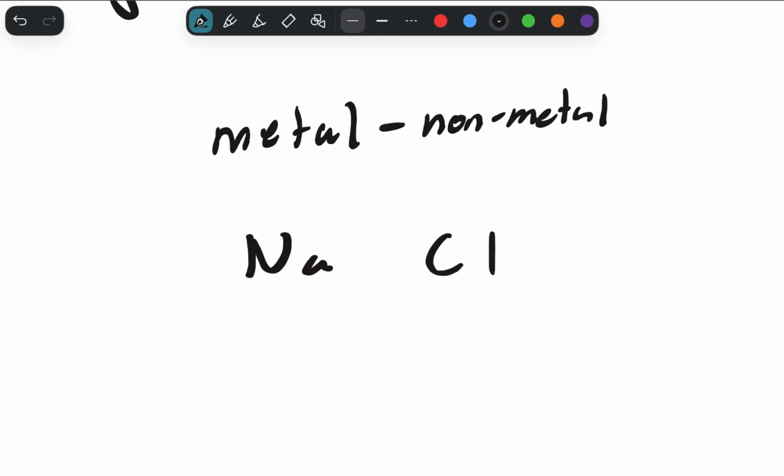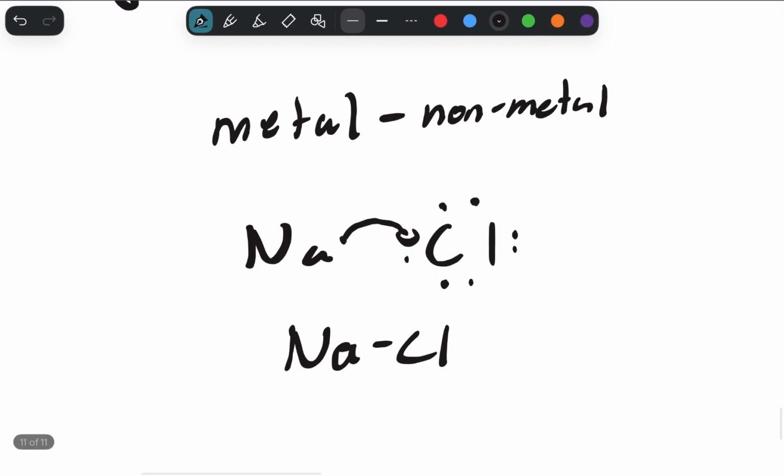In the valence shell, which means the outermost shell, sodium only has one electron, while chlorine has 1, 2, 3, 4, and so on. So in an ionic bond where this is a metal, which is on the left of the periodic table, and this is a nonmetal, which is on the right of your periodic table, they bond. And the sodium kind of gives the electron to the chlorine and forms NaCl.